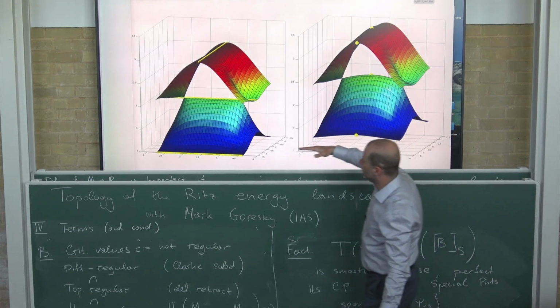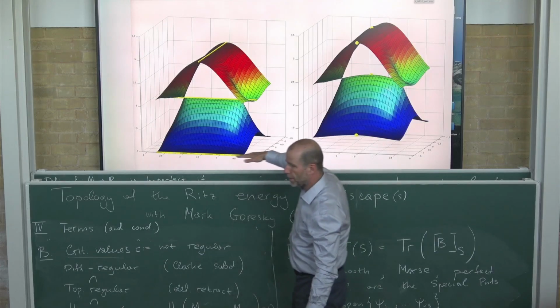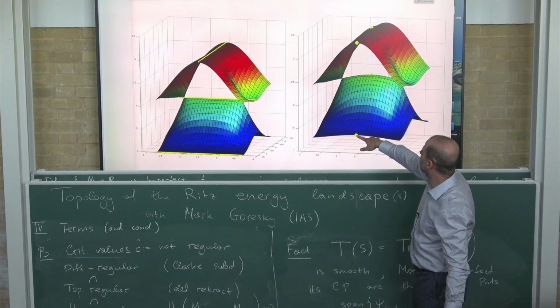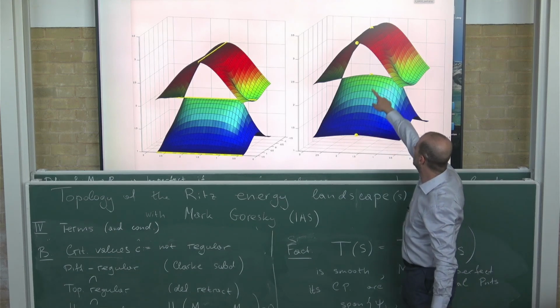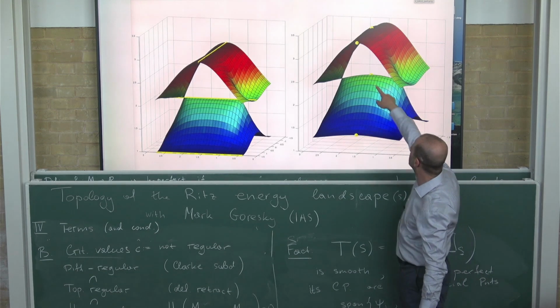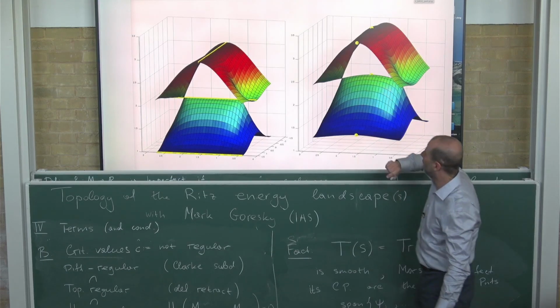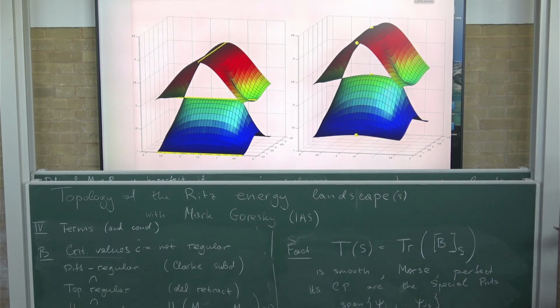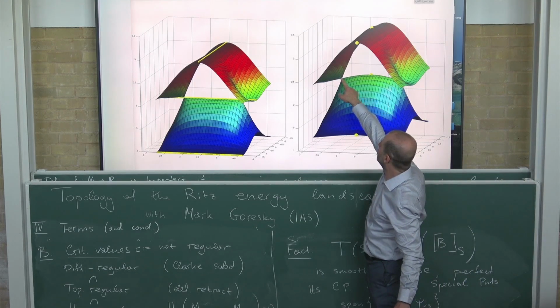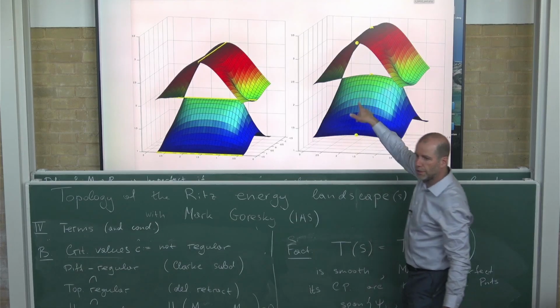Where we previously had whole submanifolds of critical points, now we have isolated critical points. This is a saddle. There is a minimum somewhere far away there. This is a maximum. So suddenly the critical points that are smooth are isolated, and the points where we had non-smoothness are not critical anymore.